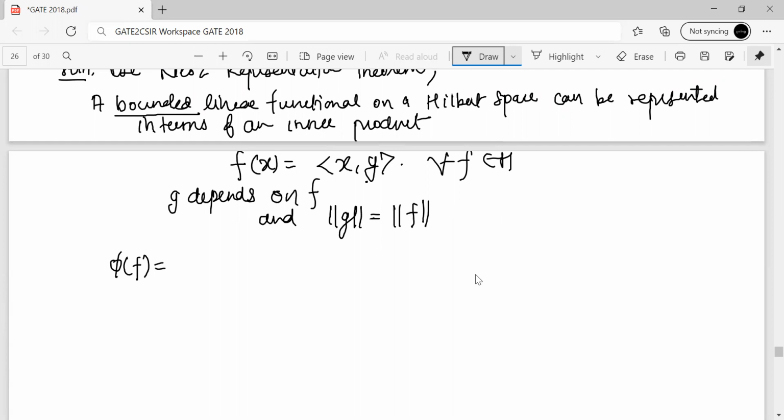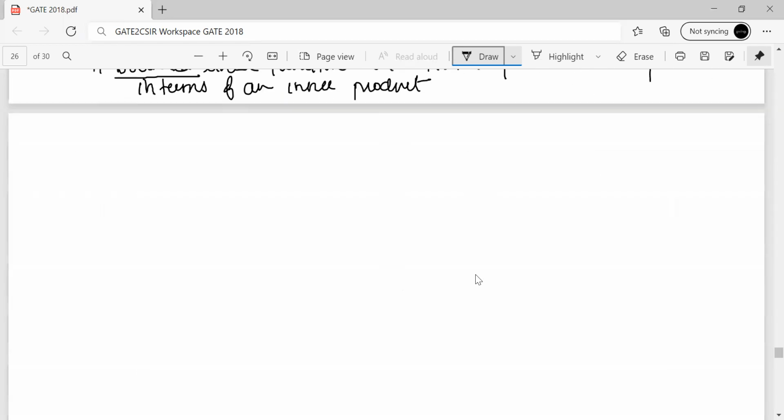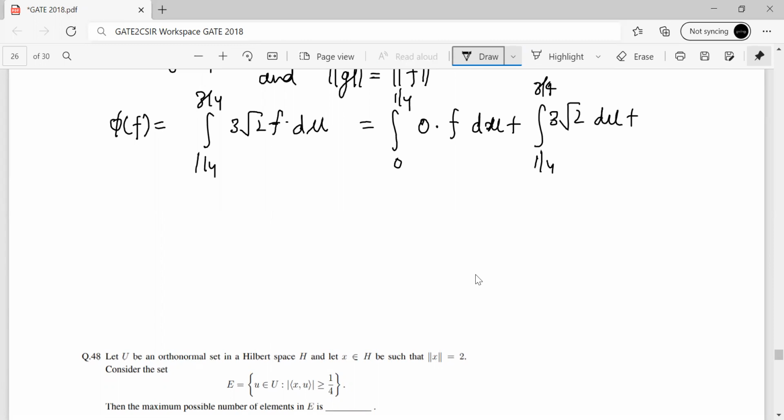Okay, so phi of f is the integral from 1 by 4 to 3 by 4 of 3 root 2 times f d mu. Now this is on 0 to 1. So can I write it in this manner? From 0 to 1 by 4, I can take 0 times f d mu, plus from 1 by 4 to 3 by 4, it will be 3 root 2 d mu, plus from 3 by 4 to 1, it will be again 0 into f d mu.